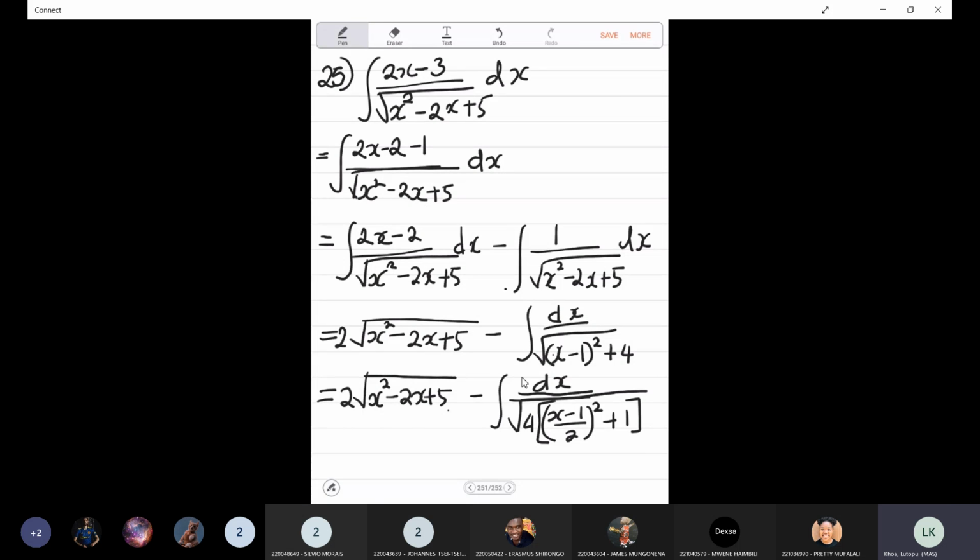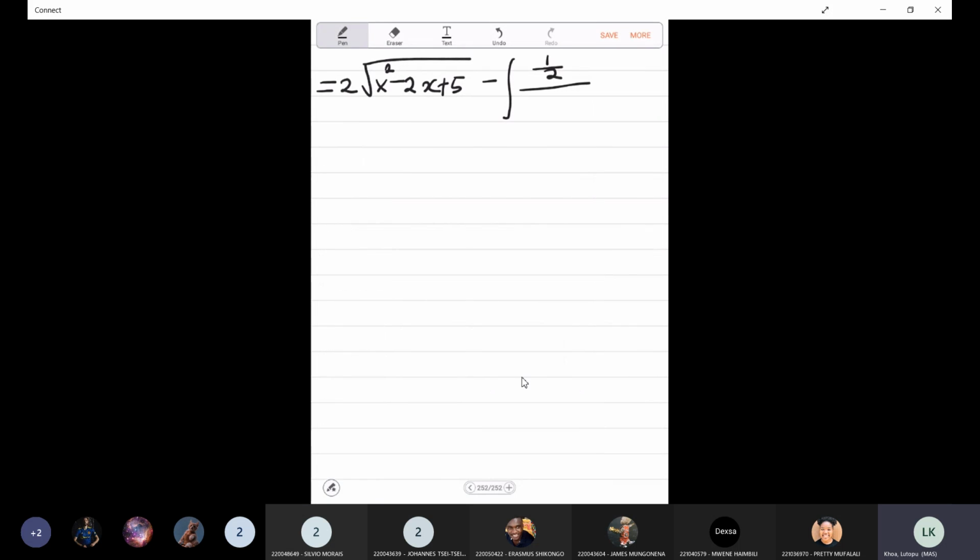I can just put the half on top, and then I have the square root of x minus 1 over 2 squared plus 1 dx. Okay, so it is in the form that we want.